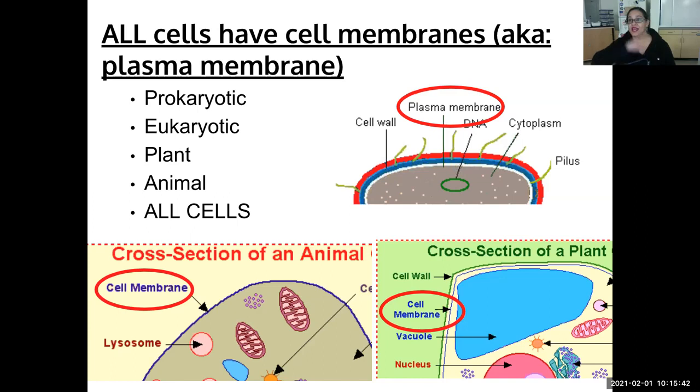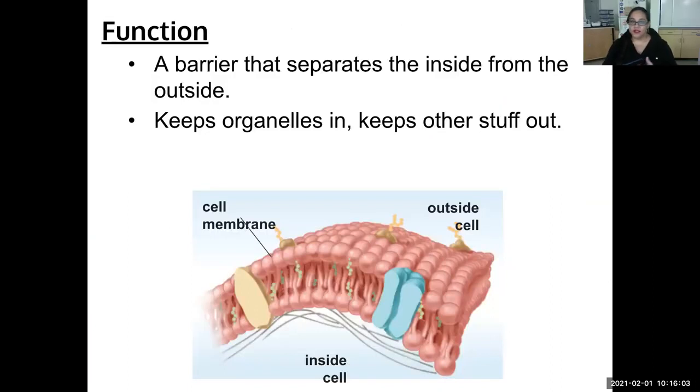Some cells have that extra layer of cell wall, but all cells at least have a cell membrane. The function, like we said, it's a barrier that separates the inside from the outside, keeps organelles in, keeps other stuff out.